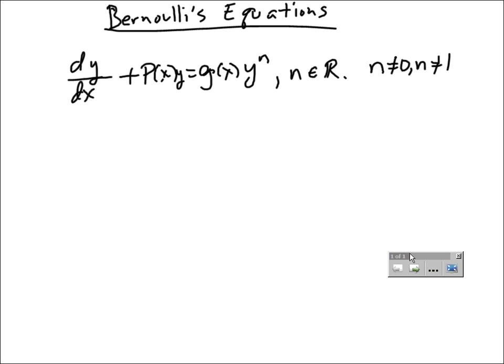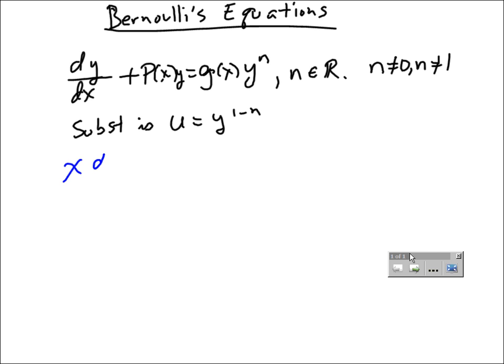The substitution is that u is y to the 1 minus n. So let's get right into a problem.